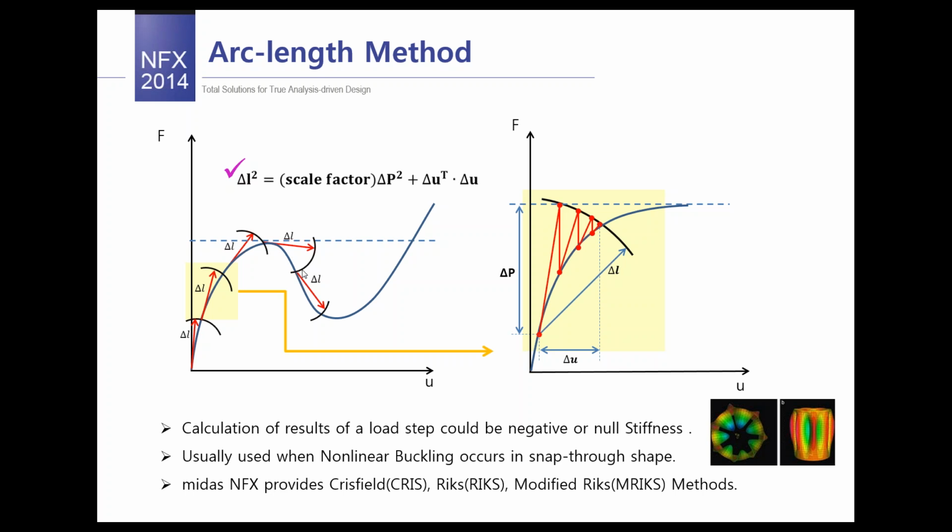So it means, for example, at this point. Its main strategy is to advance the solution by a suitable arc length measured along the load path itself. Therefore the solution is controlled by arc length increment rather than a load or displacement increment as previously.